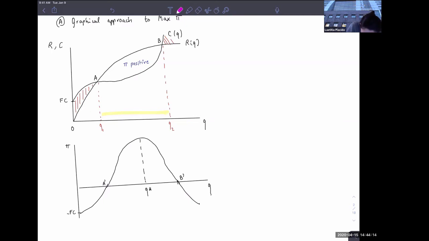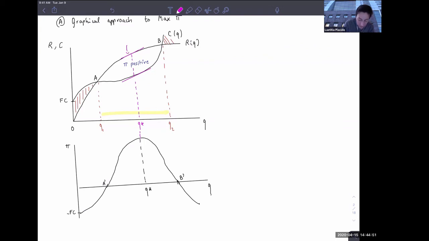Well, let's say it's somewhere here. So I'm going to get Q star here. And it's going to occur where the slope of the total revenue curve is going to be the same as the slope of the total cost curve.